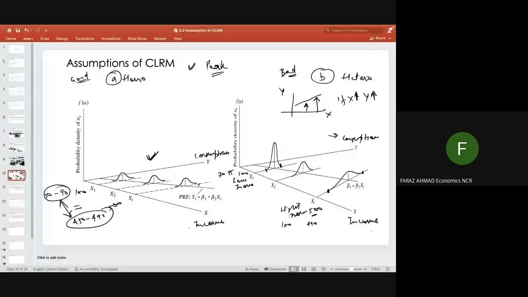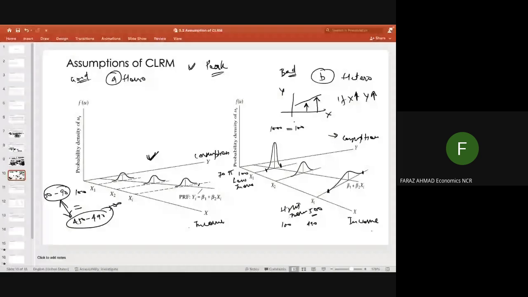The peak says that if there are 1,000 people having an income of 100, and there are 1,000 people having an income of 500, so when you fit these 1000 people in this range from here to here, of course they will stack over each other and the peak will rise.